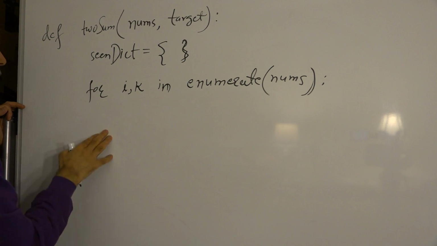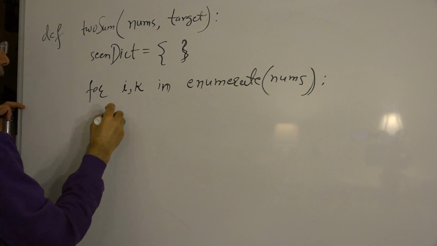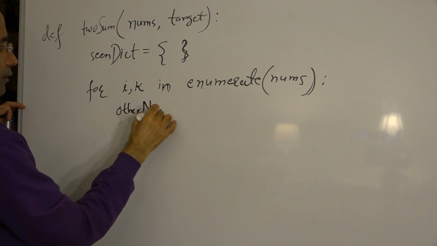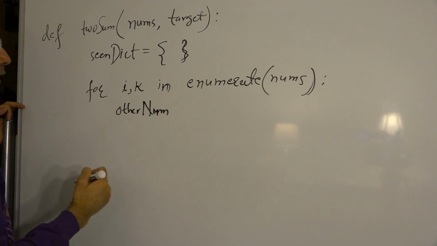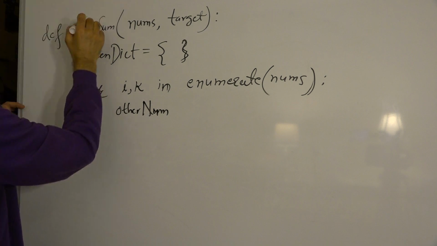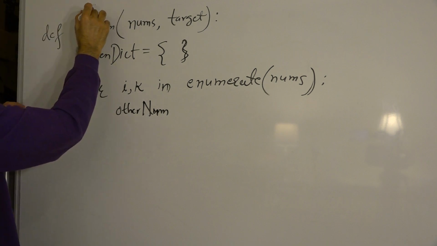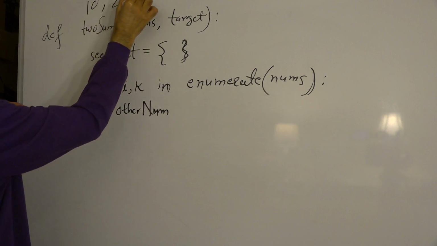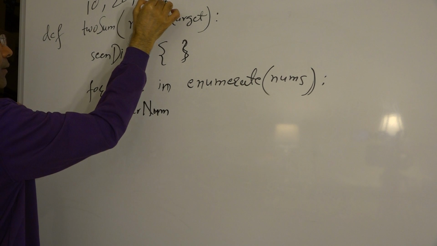Okay, so now I need to create the other number, right? Because I always assume I need that 10, 20. Let's see if it's feasible here. 10, 20, 35, 40.